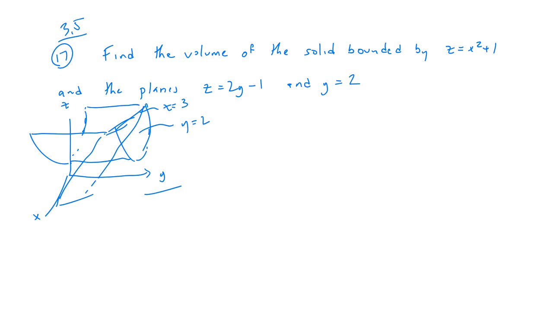The only thing you need to sort of see from the picture in this is that notice the plane does not hit the paraboloid in the xz plane. So if I project this into the xz plane, what is it going to look like?